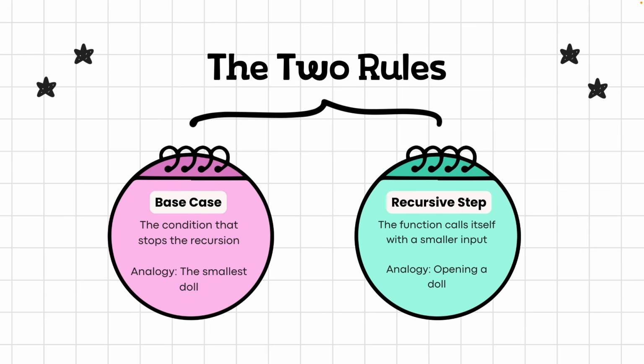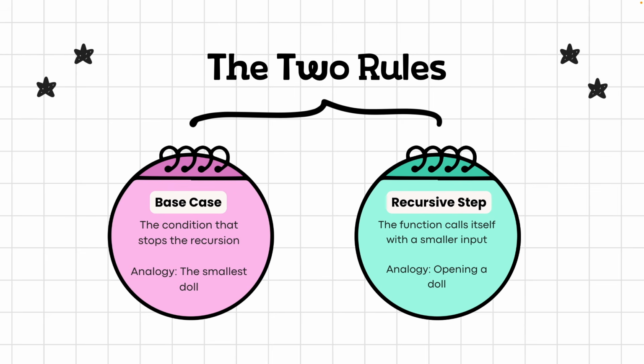Second, the recursive step. This is where we break the problem down into a smaller piece. And in our previous example, this represented opening a doll. So basically, the base case is the condition that stops the recursion, while the recursive step is when the function calls itself with a smaller input.